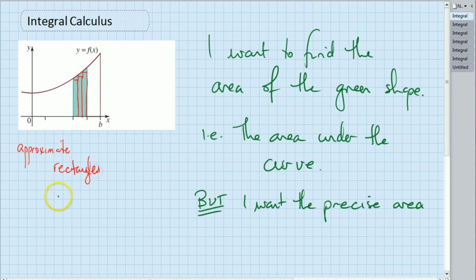And also we've looked at trapezia, and we've also looked at upper rectangles, but these are only approximates, and as a mathematician I don't want an approximate, I want the precise area of this shaded curve. And so what we're going to do now is look at creating some mathematics which will help us calculate the precise value of the area of this green shaded section.